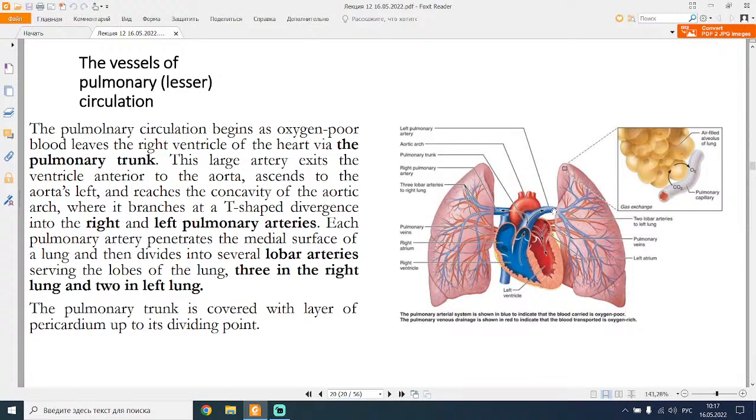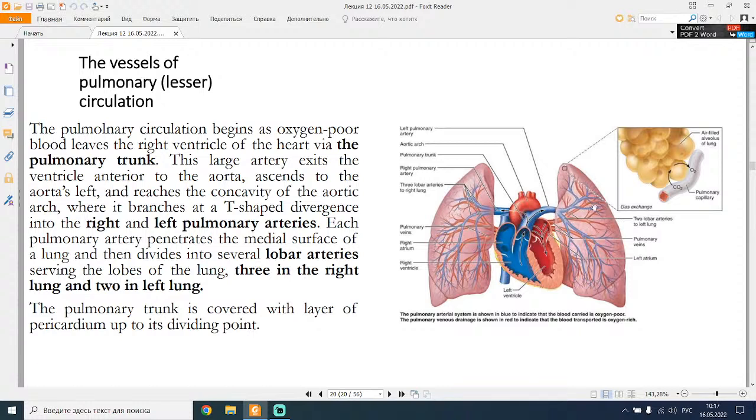Each pulmonary artery penetrates the medial surface of the lung and then divides into several lobar arteries, serving the lobes of the lung. Three in the right lung and two in the left lung.